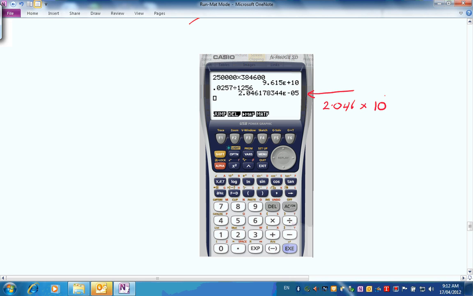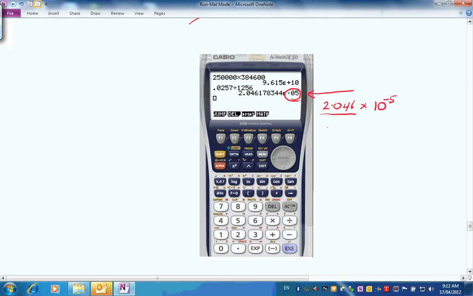So it's 10 to the minus 5 there. See that there? It's raising 10 to the negative 5. What this means is that you are to divide this number by 10 to the 5th.